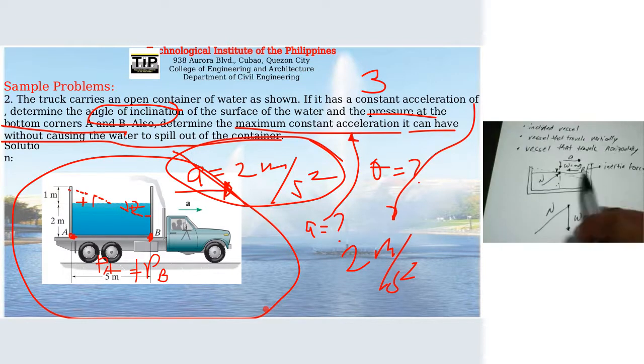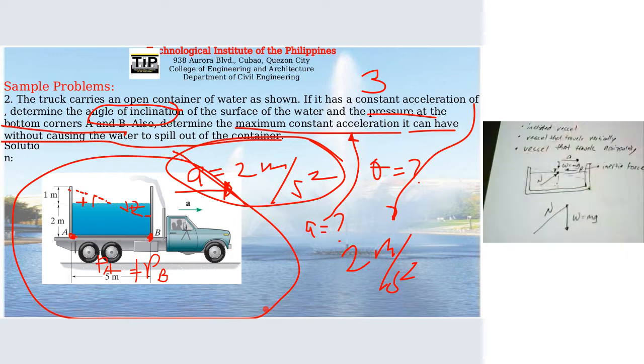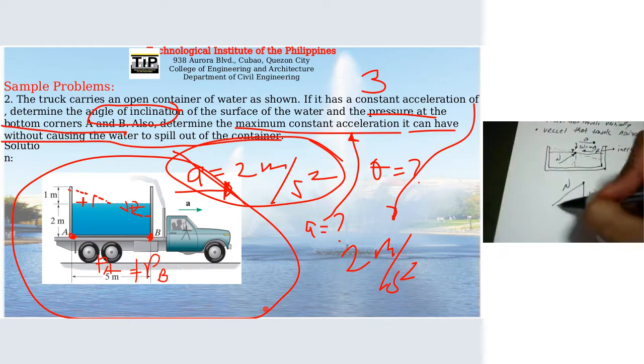And we have the inertia force that's going towards the left. We have a right triangle.